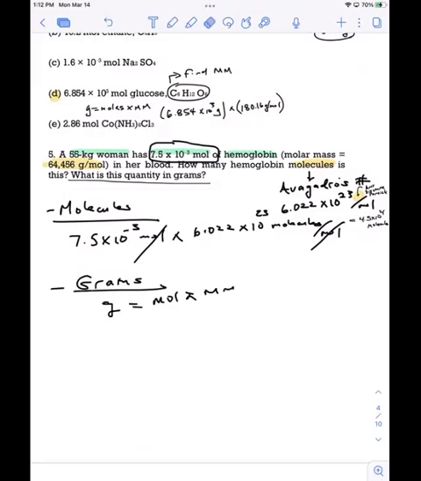We can always manipulate that. So moles times molar mass will give me grams. I have the moles already, so this is 7.5 times 10 to the minus 3 moles, and then that's going to be times 64,456 grams per mole. So the moles are going to cancel. What do we get from that?